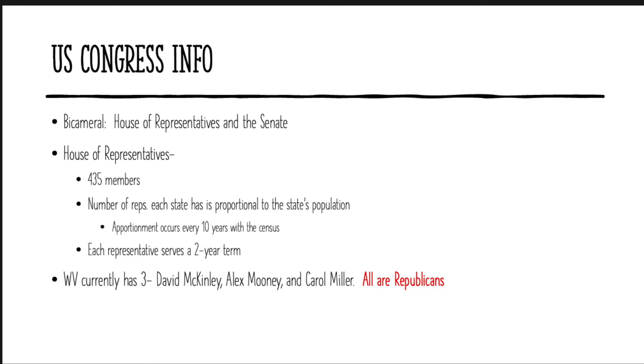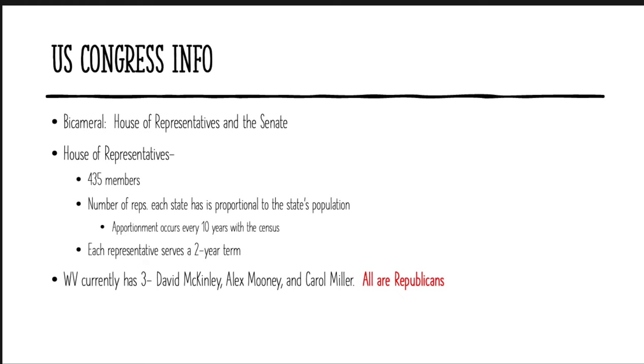Their names are David McKinley, Alex Mooney, and Carol Miller. Carol Miller is the one that represents the district in which you live, and all three are Republicans. Hence why I wrote all the Republicans in red. In the future, you'll just see their names written in red or blue.